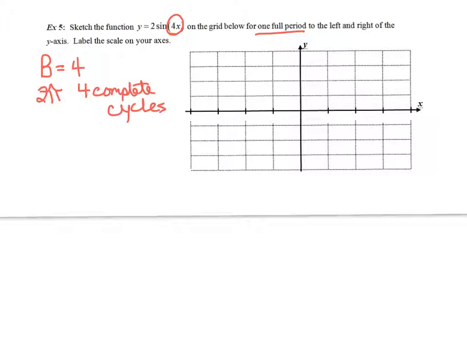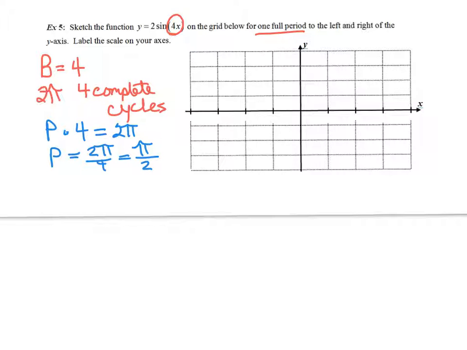So what am I going to do? I'm going to say that the period times the b value must equal 2 pi. I think we've seen this one before, so if we divide both sides by 4, we're getting 2 pi over 4, which is just pi over 2 for the period.